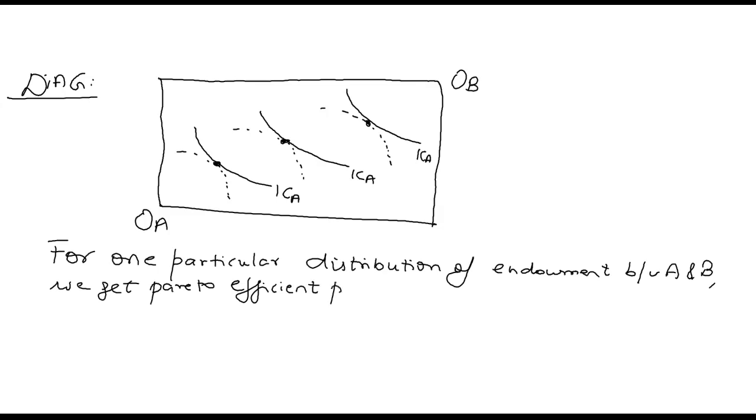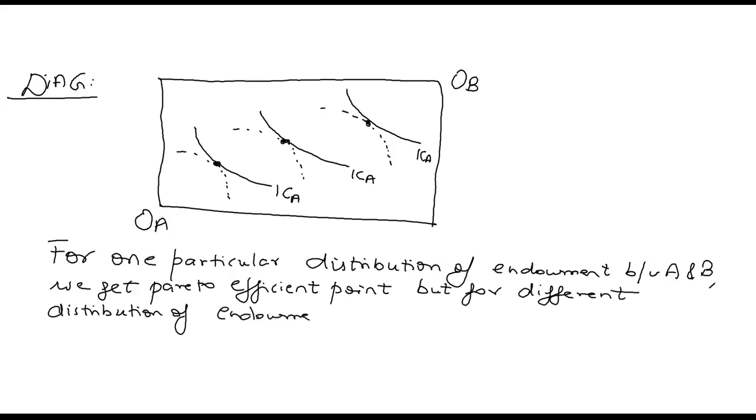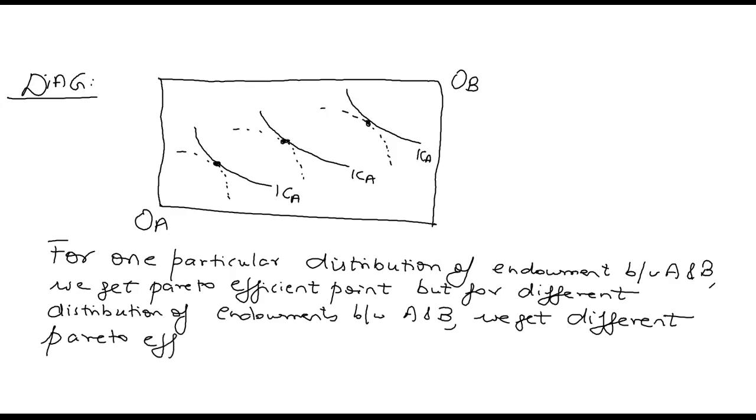But for different distributions of endowments between A and B, we get different Pareto efficient points.